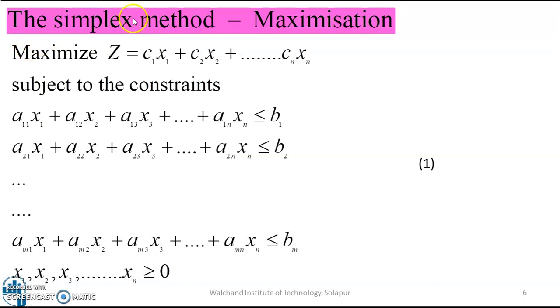For the simplex method, we can write the general form as maximize z equal to this expression, subject to these m constraints, and all the variables are non-negative. The general form for the simplex method and the original general form have only one difference. In the original general form, maximize and minimize are both involved, but in the general form of the simplex method, minimize is removed.